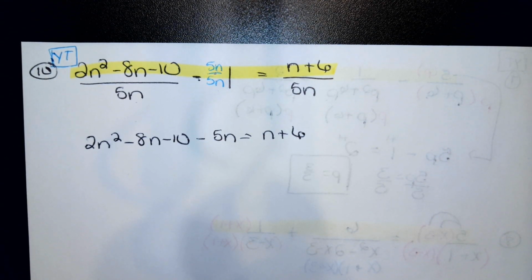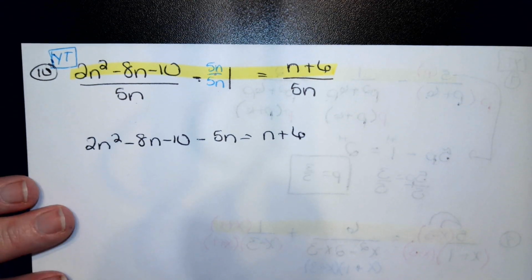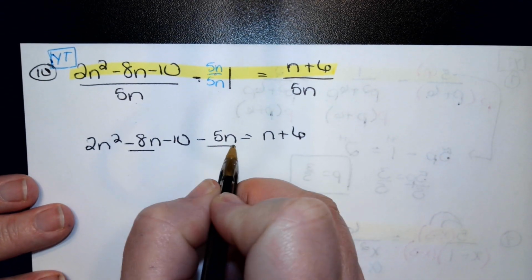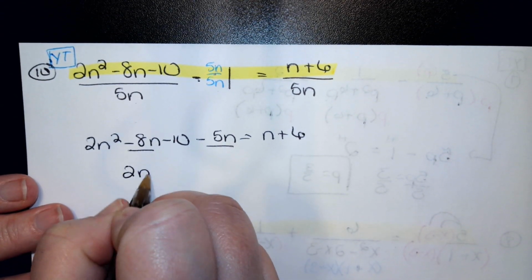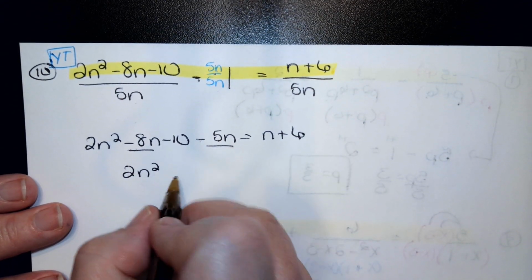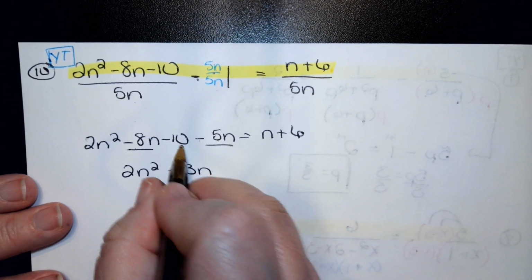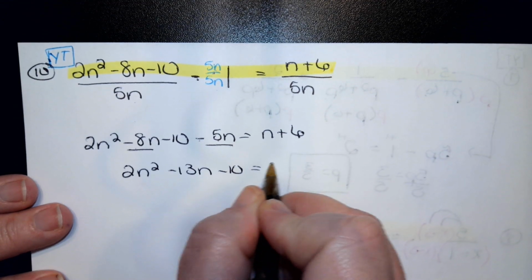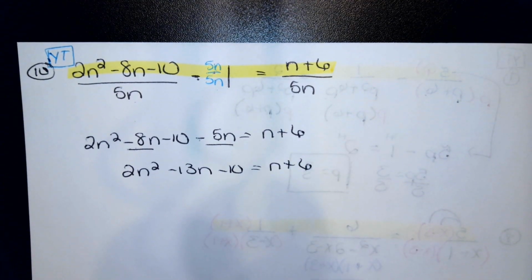We're going to combine like terms. So it gives us 2n squared. Negative 8 minus 5 is going to give us negative 13. Bring down the minus 10 equals n plus 6.